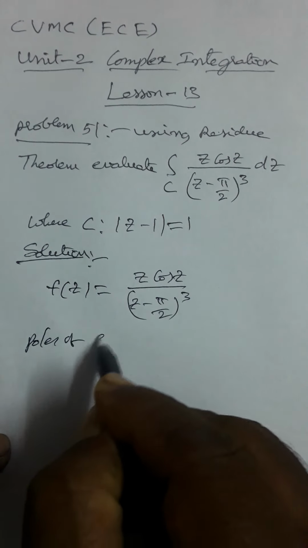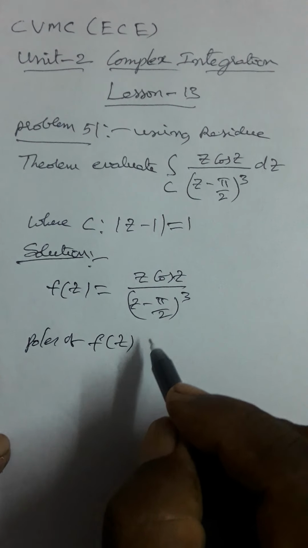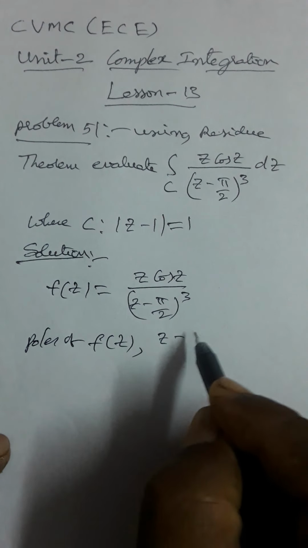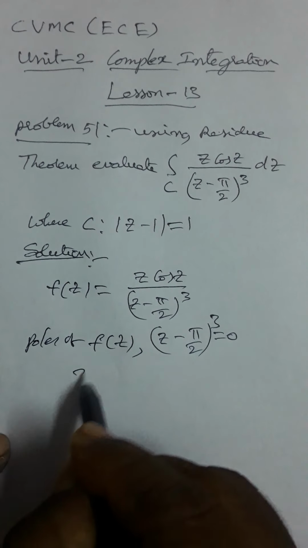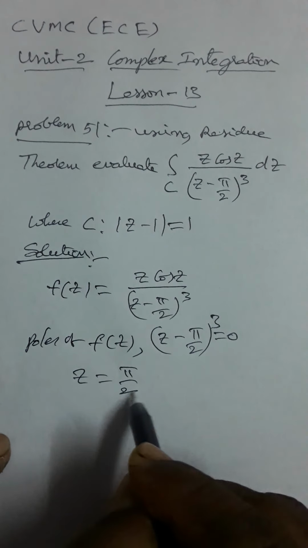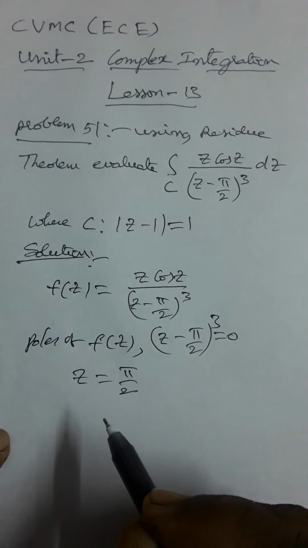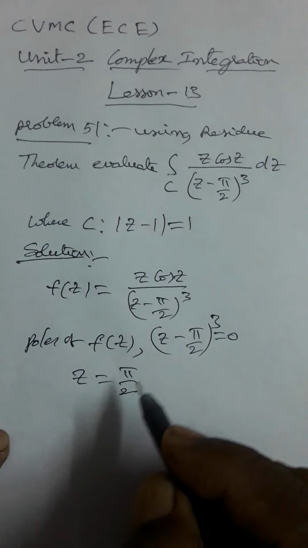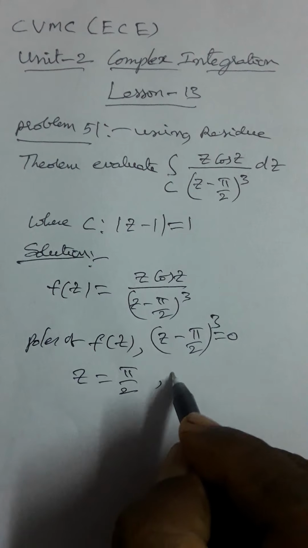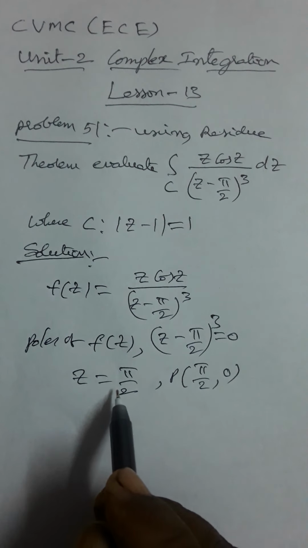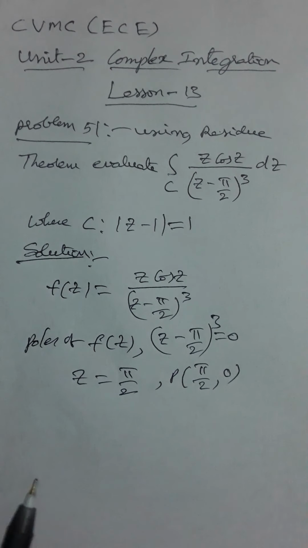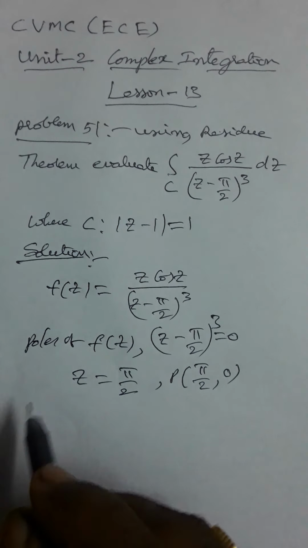Poles of f of z: equating the denominator to 0, z is equal to pi by 2. Point form: pi by 2, 0, real part pi by 2, imaginary part 0.